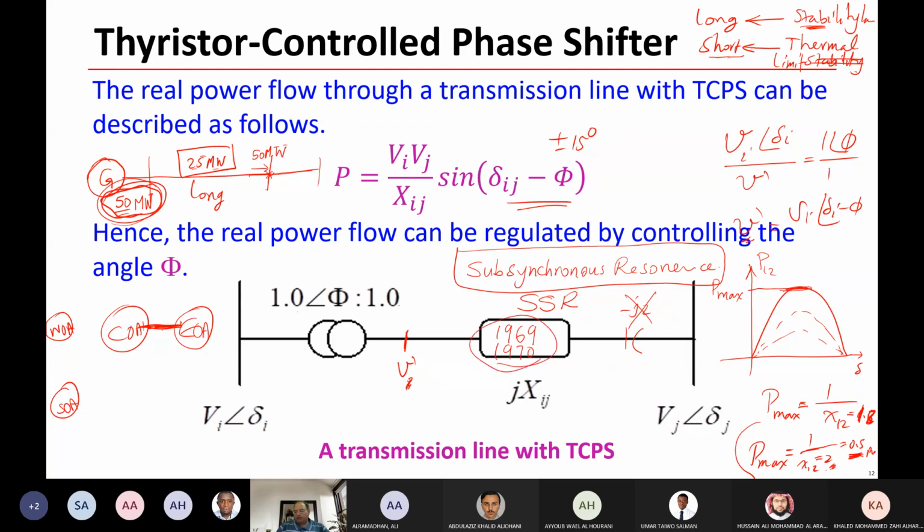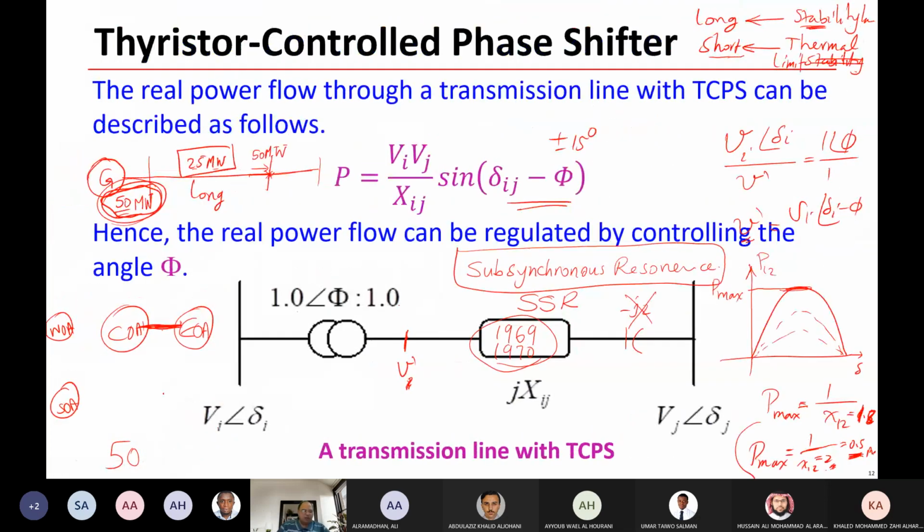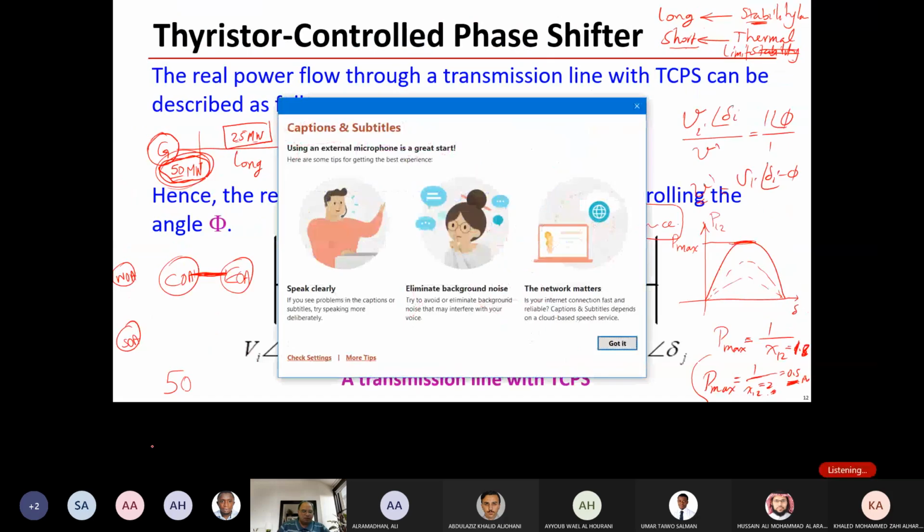And the shaft is very, very huge. You can imagine the forces on the shaft that destroy a shaft with a mass of 50,000 ton, for example.